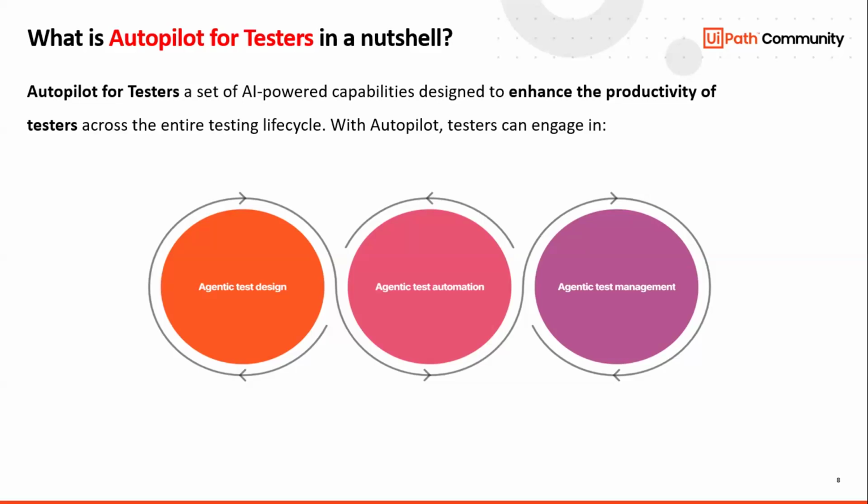It also helps in agentic test automation, where Autopilot helps the testers automate their test cases. And last, we have agentic test management, where it helps the testers generate the report to identify the failed cases and how we can fix those issues.